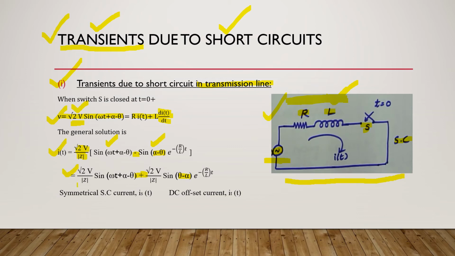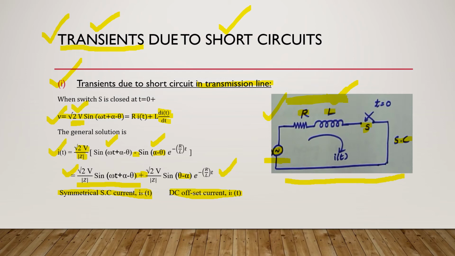This first part is called the symmetrical short circuit current, Is(t). The second part is called the DC offset current, It(t). This can also be called the transient part of your fault current, and it will die out at t equal to infinity.